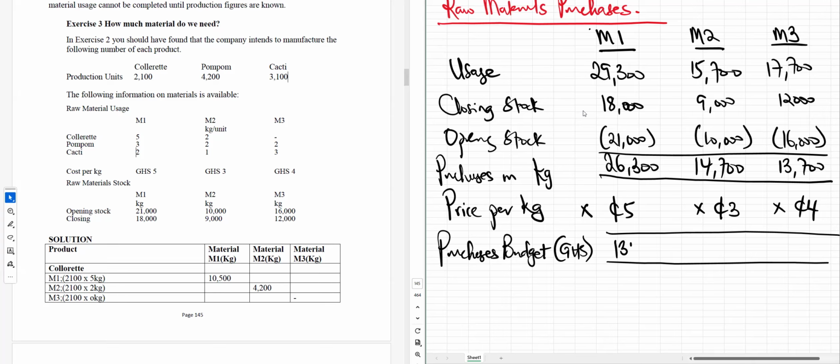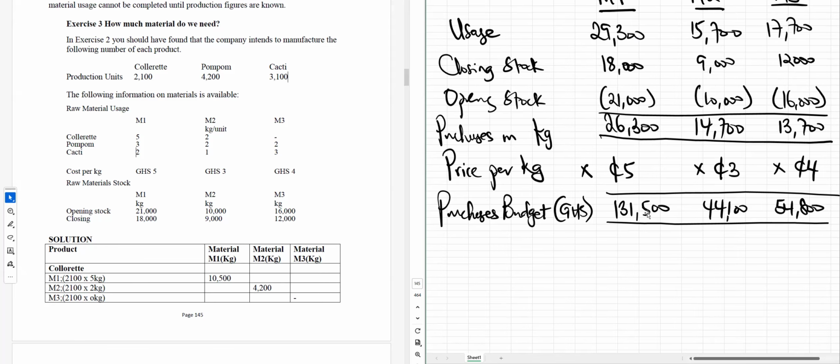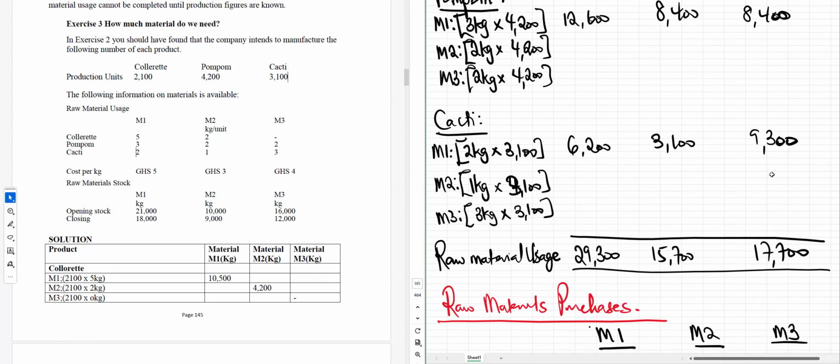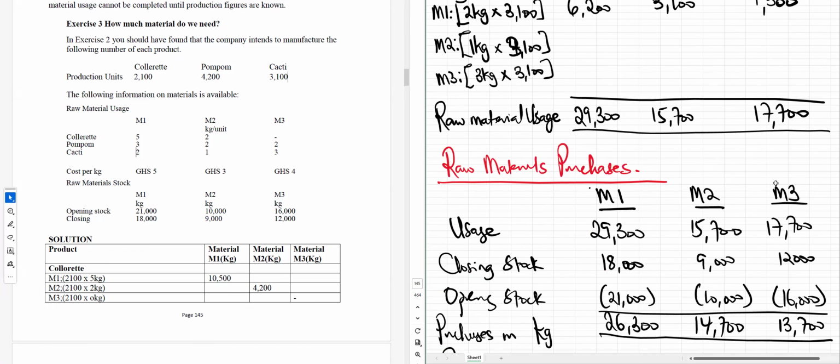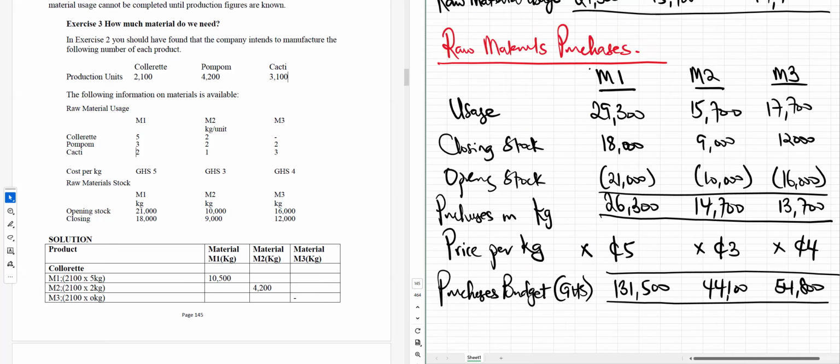Material 1, 54,800. So we've gotten our purchase budget in Ghana cedis. That's what we've done, right? So that is it. You are done. This is how raw material usage and purchases work, and usually that's where the issue is for people. Are you getting it? But gradually, are we getting there?